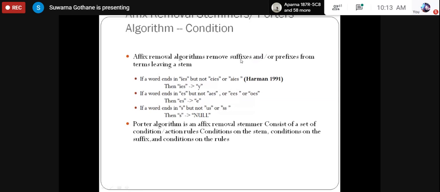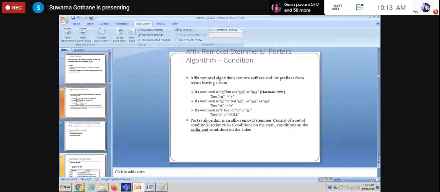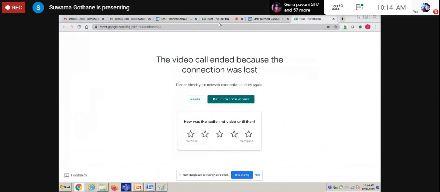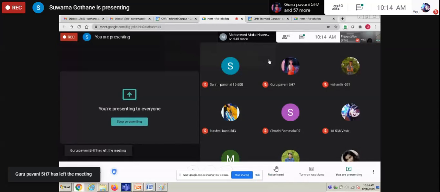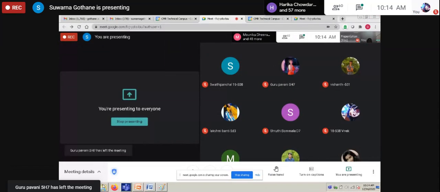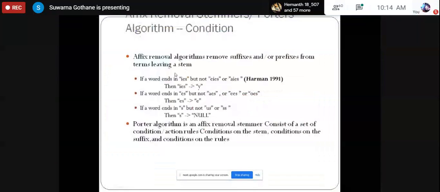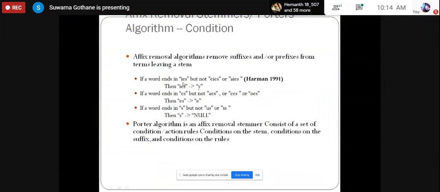So suppose any particular word ends in IES, but not with EIES or AIES, then it is going to substitute it with Y. This is one of the rules of the affix removal algorithm.